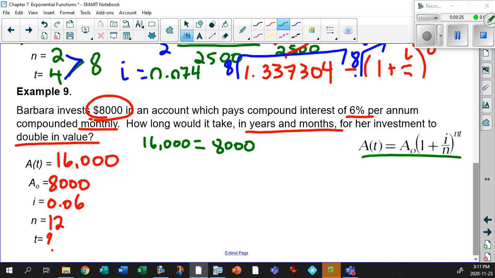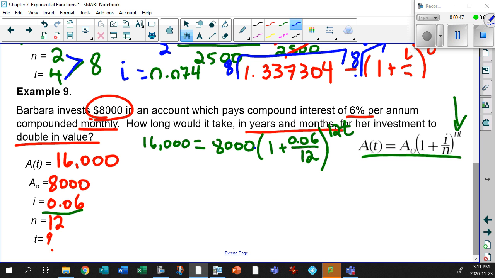Okay. You've got an interest rate that is 0.06 over 12. But now look at the top here. Don't forget, this has to be multiplied. Your time has to be multiplied by 12. So this is going to be 12t. Well, that's nasty. That's really nasty.